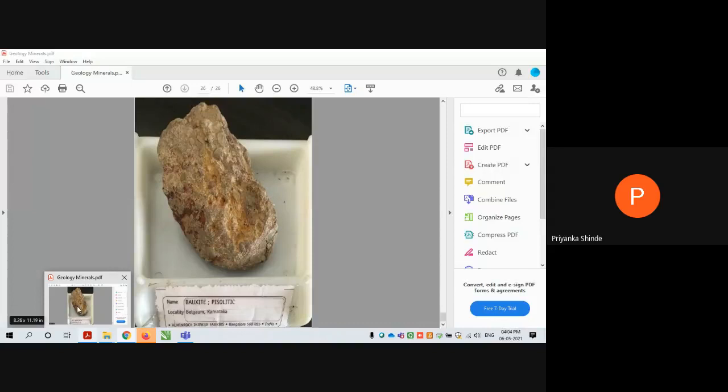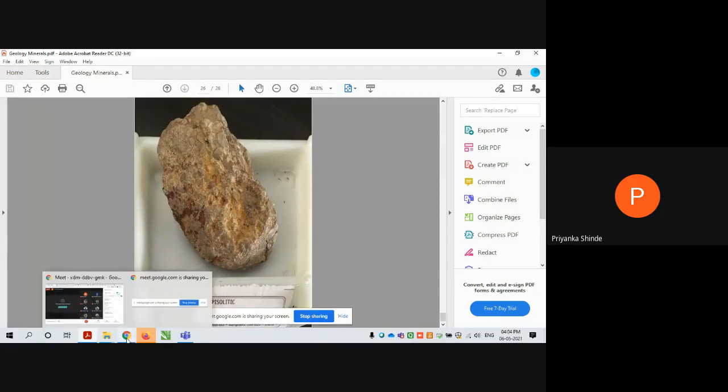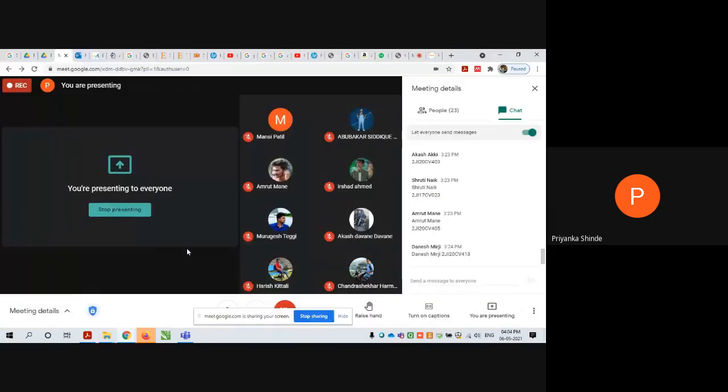What is an ore? Ore means, like this is bauxite. Do you know what is extracted from bauxite? Or from hematite, magnetite, what is extracted?